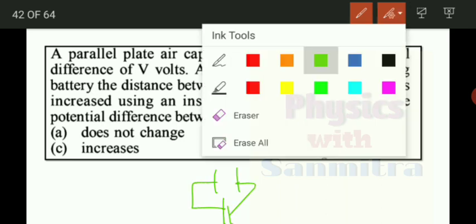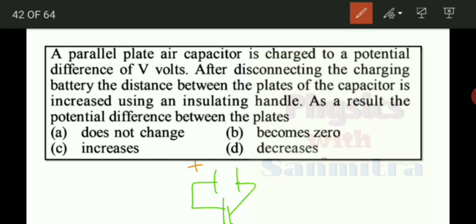Then a charge is induced. Now the battery is removed, but the charge still remains. As long as the battery was there, there was a constant potential difference, but as the battery is removed, the voltage may change.